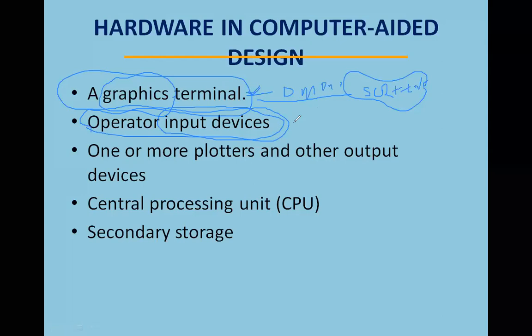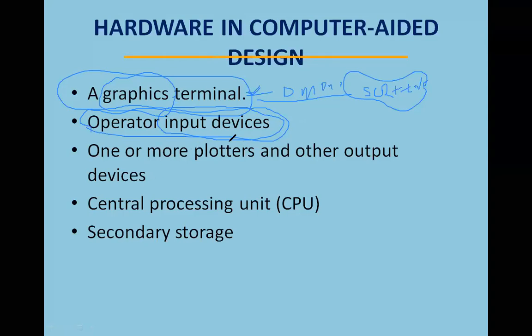Scanner, yes, very good. A scanner is also one type of input device. Now I'm talking with the microphone and you are listening with the speaker, so the speaker is an output device. We also need one or more plotters and other output devices.